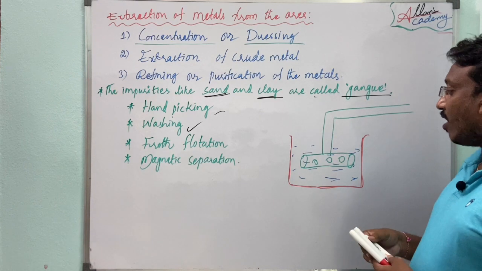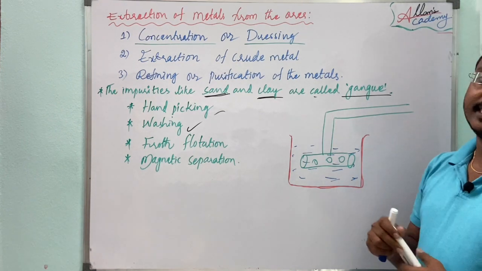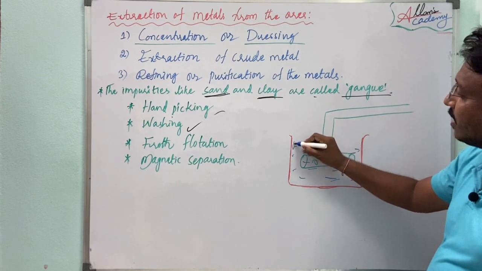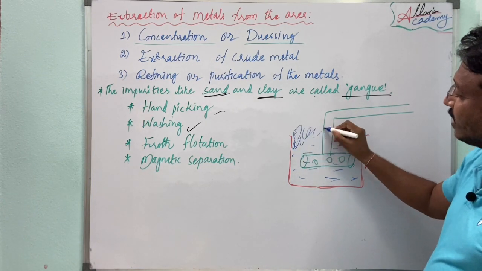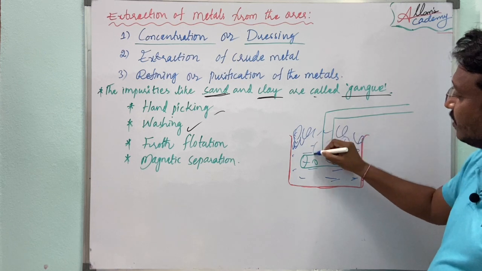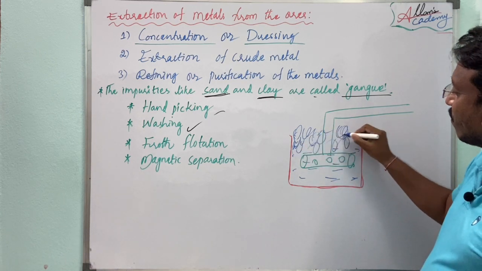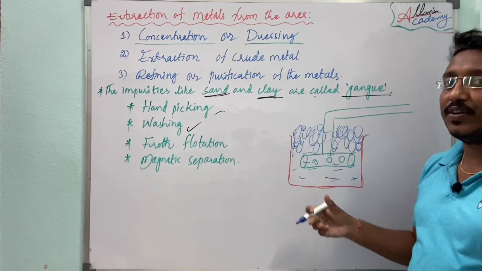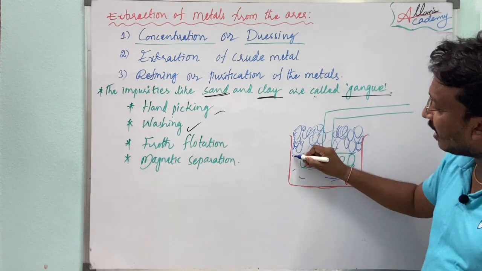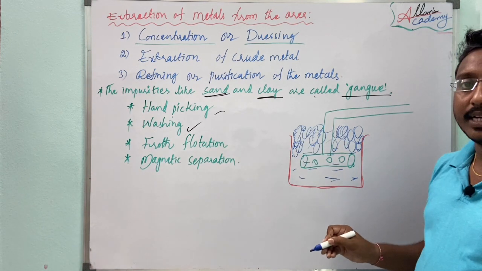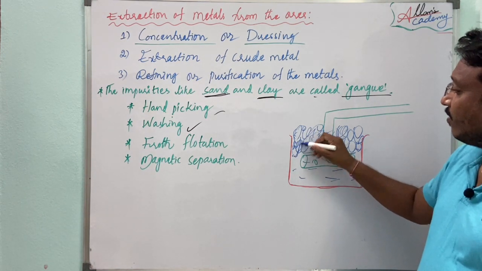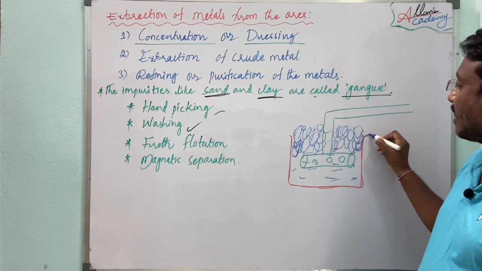When compressed air is sent into the water, it forms froth on the container, and the metal particles which are lighter in weight come out with the froth onto the container.